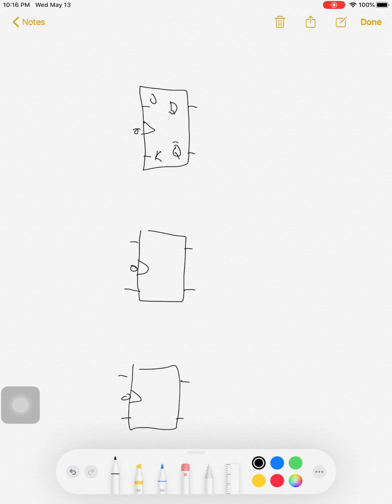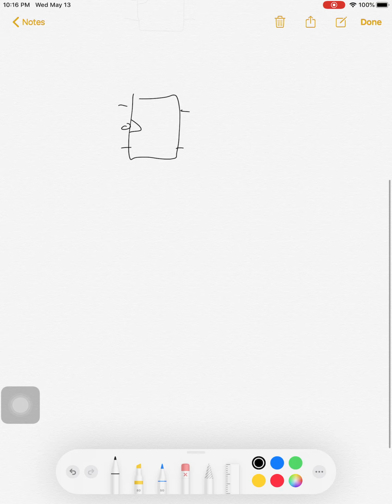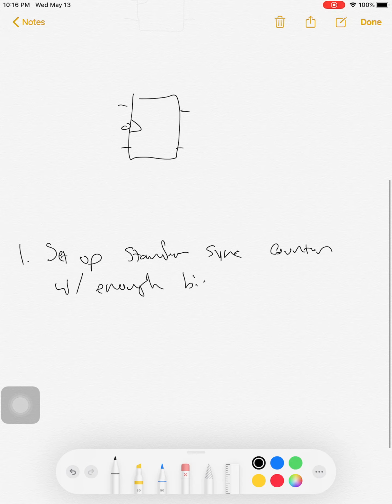All right. And so our first step here is going to be, come down here and write our steps. Our first step is to set up a standard synchronous counter with enough bits.